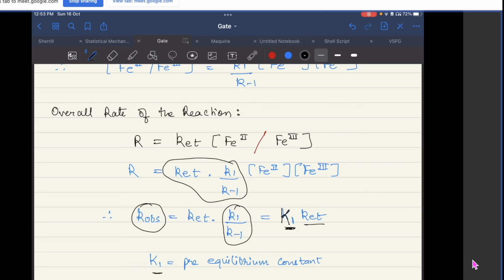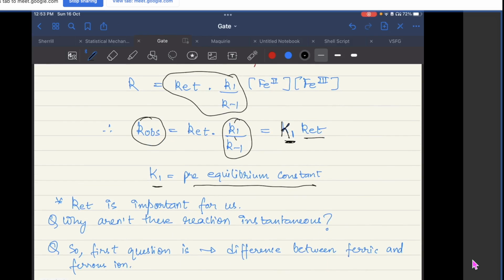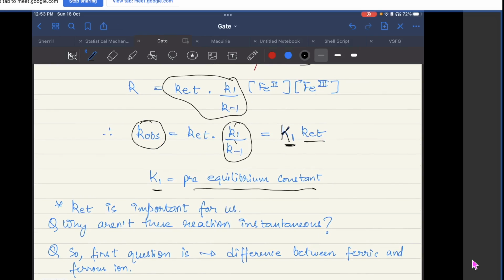So my K1 is actually a pre-equilibrium constant because it is equal to small k1 upon small k-1. Now my kET is important for us here because this is the rate actually related to the electron transfer.